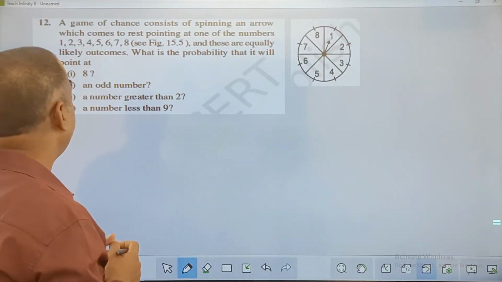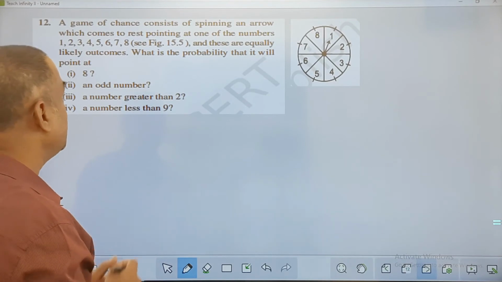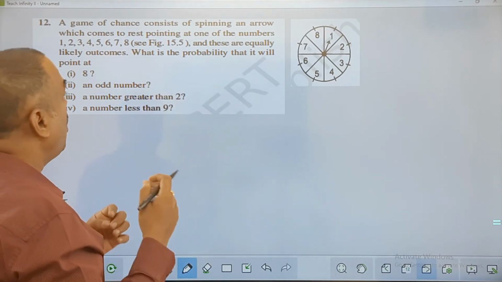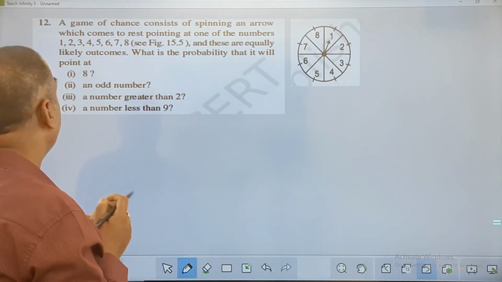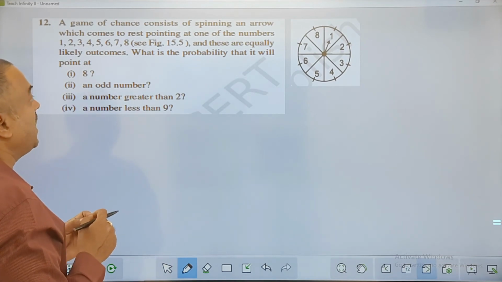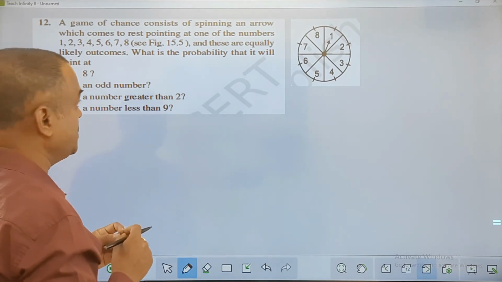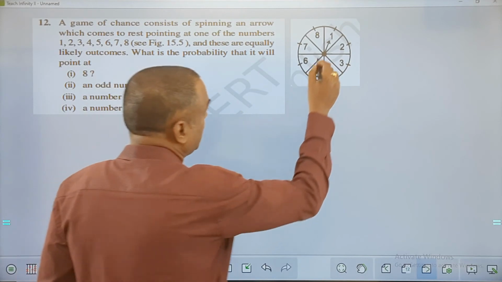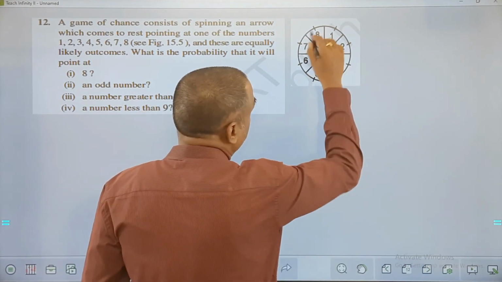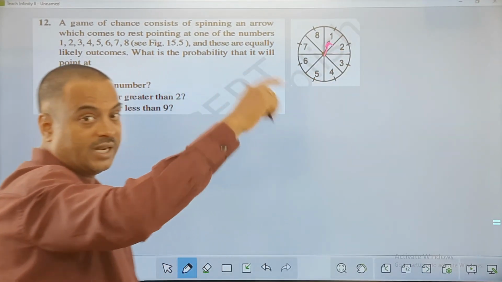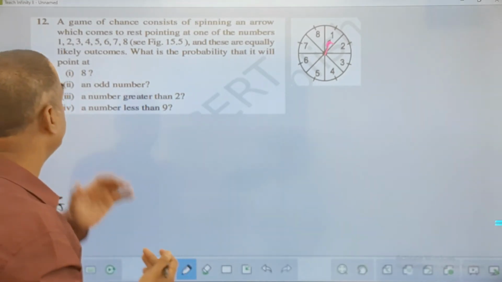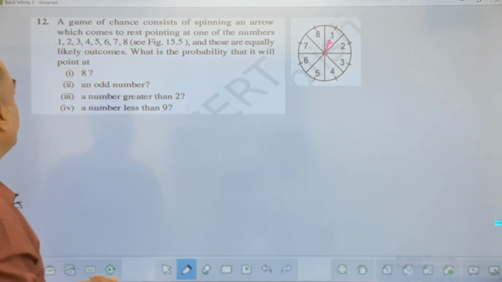Next one: a game of chance consisting of a spinning arrow which comes to rest pointing at one of the numbers. You can see there is a pointer here and the numbers are spinning. These are equally likely outcomes.